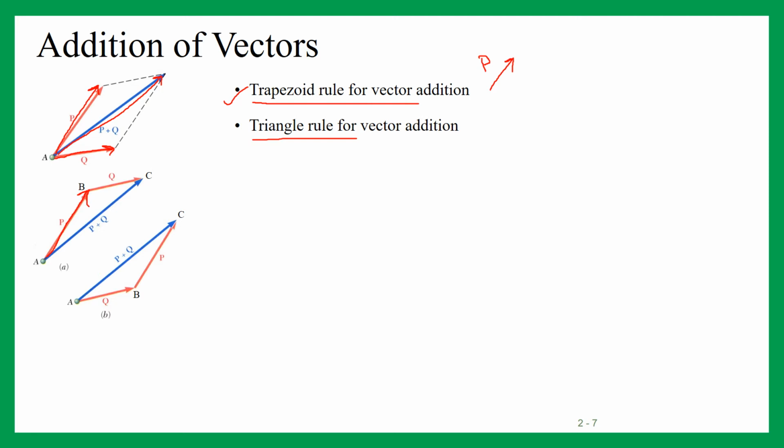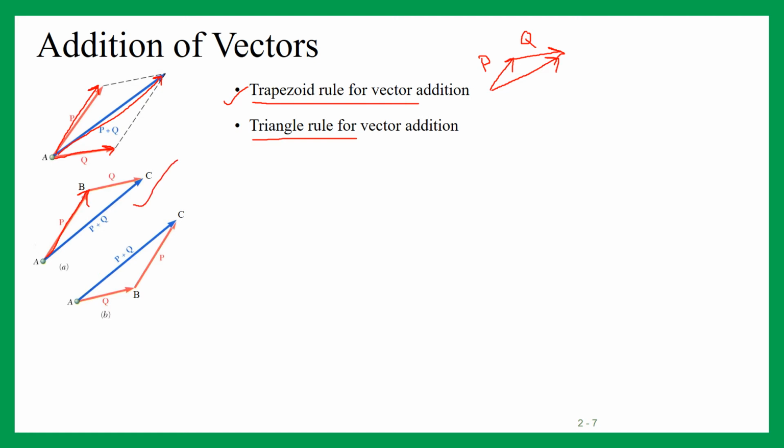Suppose the vector is starting here and it has this direction. So this is Q. Now when you close this triangle, the resultant will be this, and the direction of the resultant will be opposite to the direction of movement.